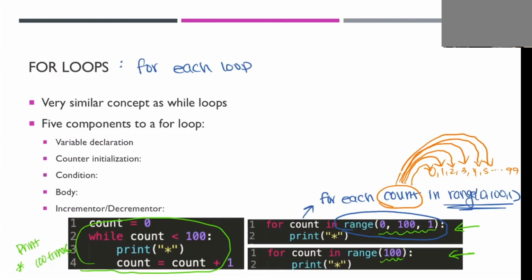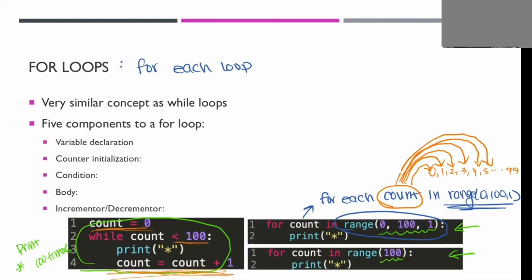Kind of like what we did in the while loop. However, in the while loop, we did it manually. We had to program that manually because we didn't use range. What we used instead was our own count variable, where we had to add 1 to count each time. And we were comparing it and seeing if it was less than 100.